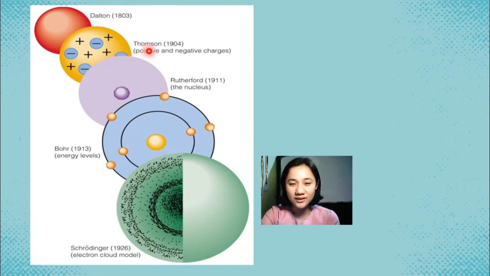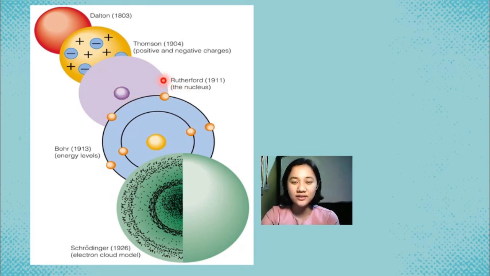Under J.J. Thomson, he discovered the negatively charged particle, sabi niya that negatively charged particles are around or within the atom. Yun lang, sabi niya, that there is a presence of negatively charged particles.